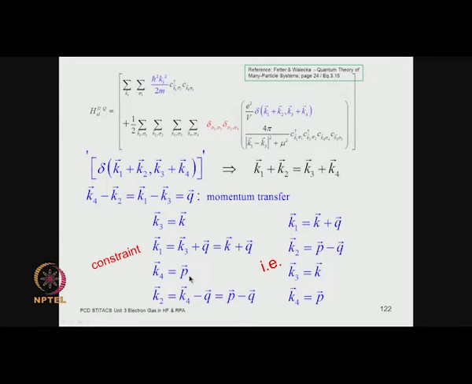So we write K4 equal to P, K1 equal to K3 plus Q, but K3 we set equal to K. So now instead of K1, K2, K3 and K4, K2 becomes K4 minus Q, which is the same as P minus Q. So instead of these 4 parameters, we know that there are only 3 independent parameters because of the constraint, and these 3 parameters are K, P and Q. Okay? So K1, K2, K3 and K4 are given by these relations, and we really have to work with only 3 parameters instead of 4 because of the constraint which we have.